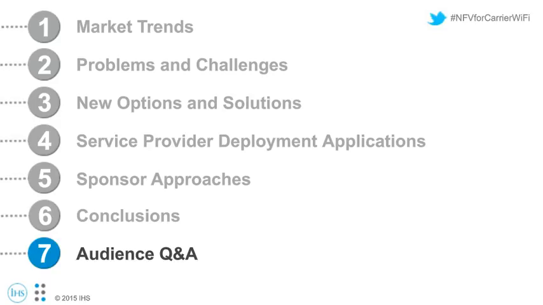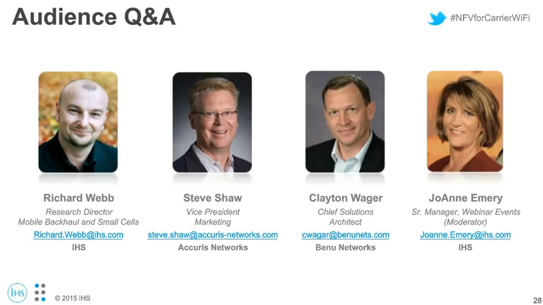So if Steve and Clayton are feeling nicely warmed up, I'm going to pitch in with a couple of questions that have come through. One that we pretty much anticipated when we were preparing the webinar was going to be asked is LTE-U and LTE-LAA.